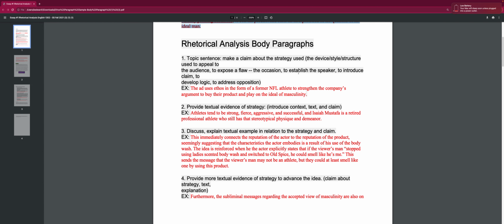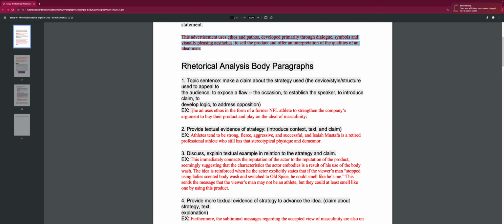Go back to my thesis statement. Does this first sentence support the idea that I have, or the argument that I'm making in this thesis? First of all, I said ethos, I said sell a product. Yes, this claim here says the ethos in the form of this NFL athlete strengthens the company's argument to buy their product. Okay, that's a claim.